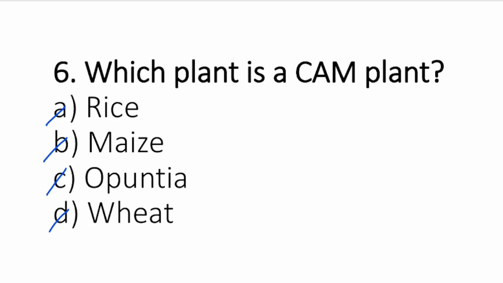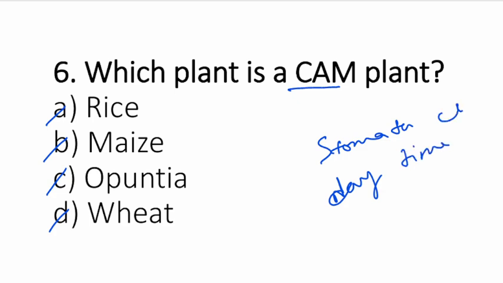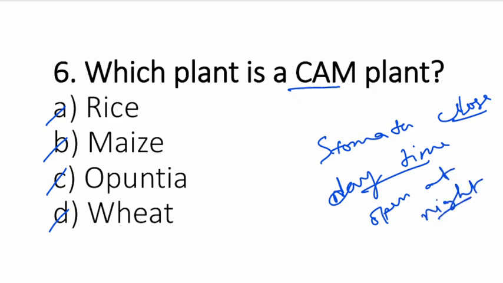CAM is basically a type of plant that uses a special mechanism where the stomata are closed during daytime and open at night. This type of mechanism is seen in CAM plants, and option B, that is maize, is a CAM plant. So option B is the correct answer.